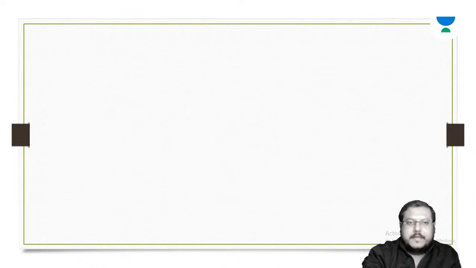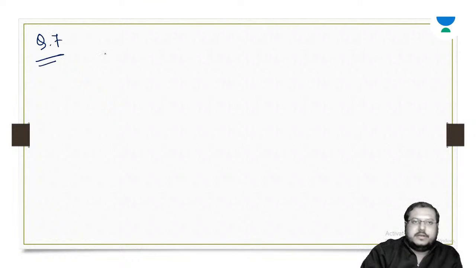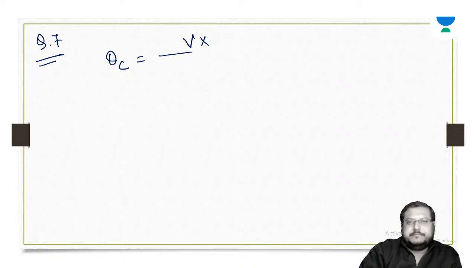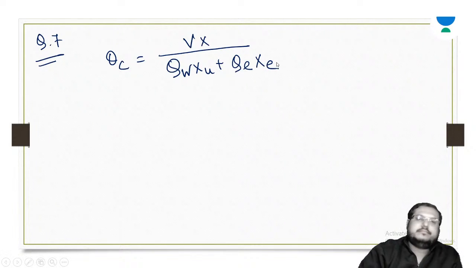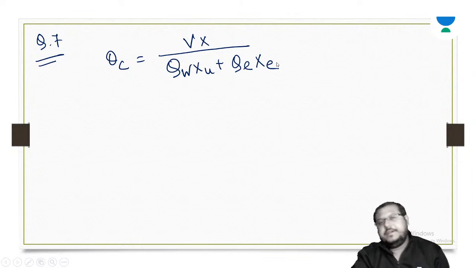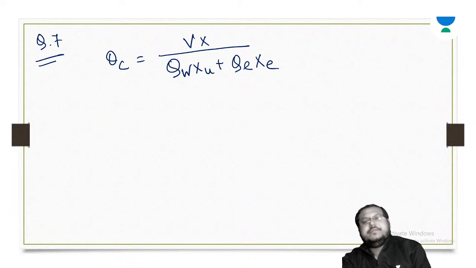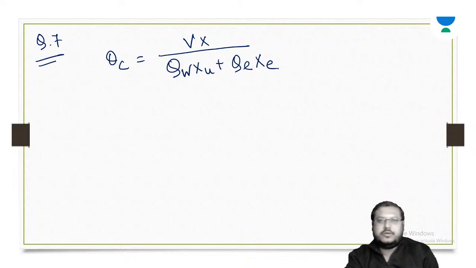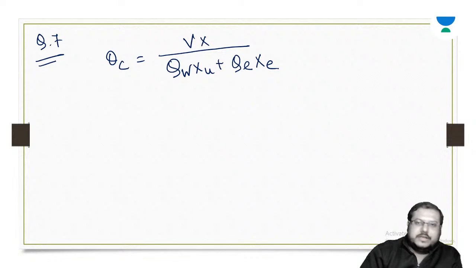Now the seventh one is asking for sludge age, theta C, that is Vx by QWXU plus QEXE. Now V, X, XU and QW are given, but Q is not given.